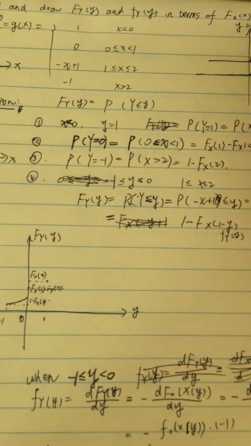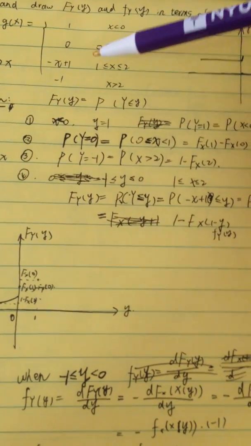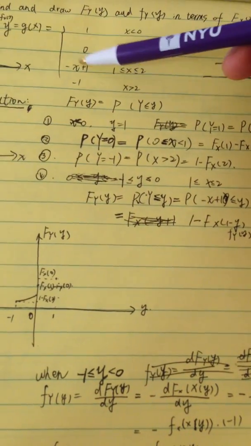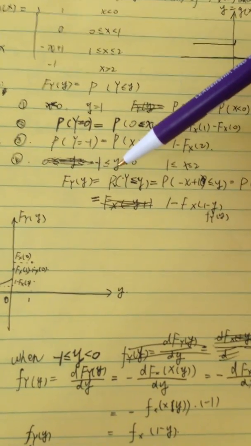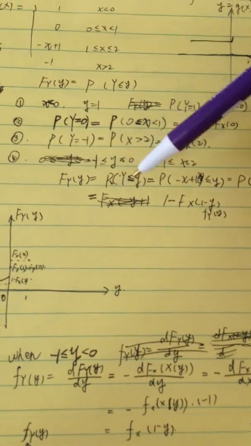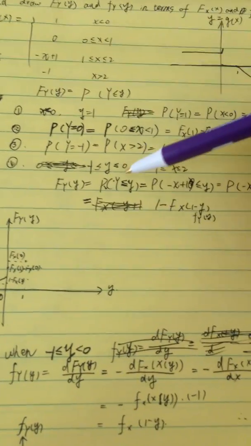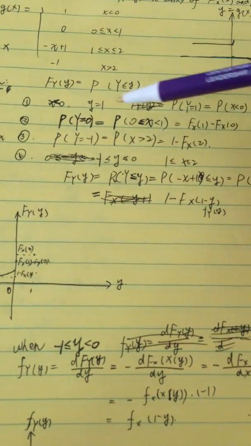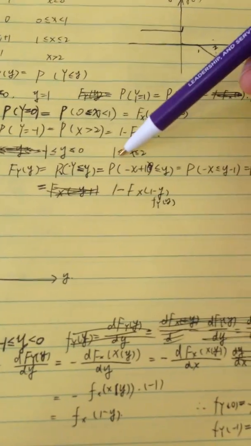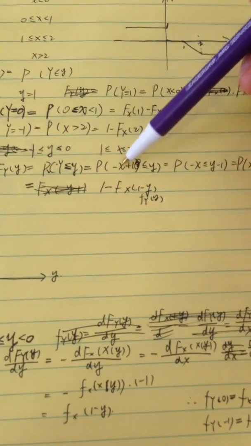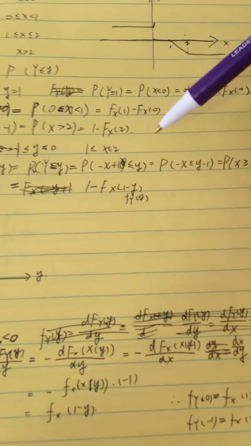And the last case is when y equals minus x plus 1, and we put this equation into y. So FY(y) equals the probability of Y smaller than y. We can change this Y by using the equation, so we have the probability of minus X plus 1 smaller than y.